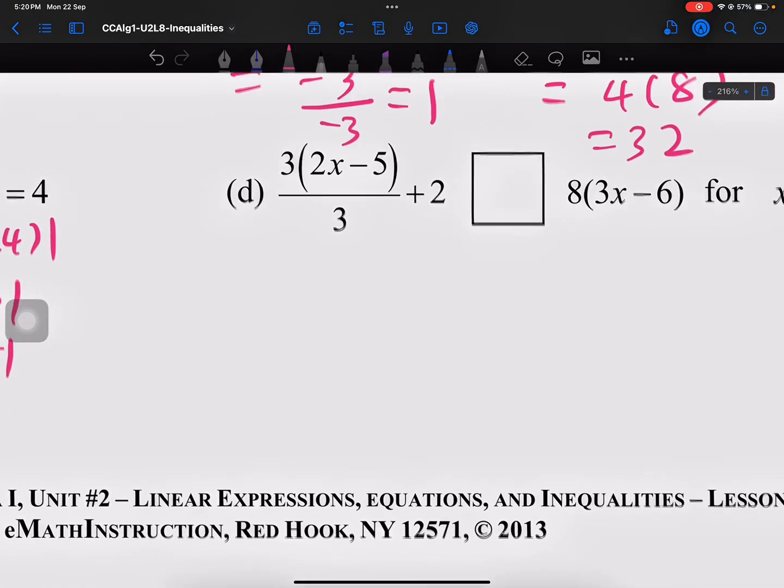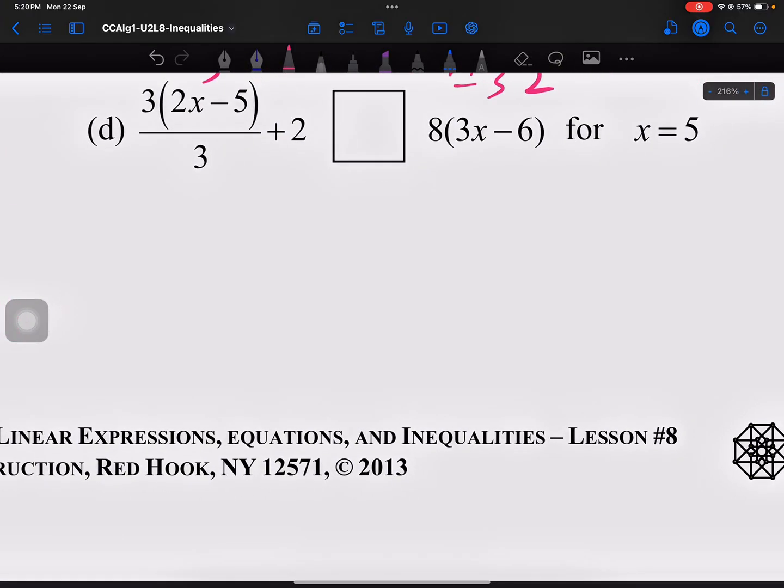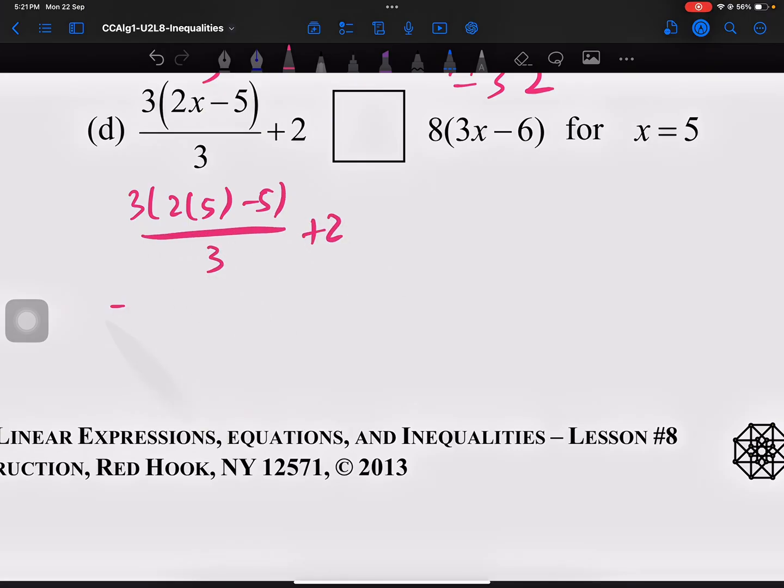Next, for the last one, 3 times (2 times 5 minus 5) over 3 plus 2. So solve all the brackets first. It will give you 3 times (10 minus 5) over 3 plus 2. And then it is 3 times 5 over 3 plus 2.